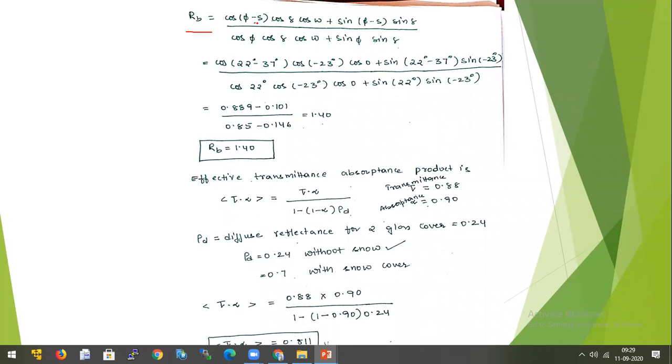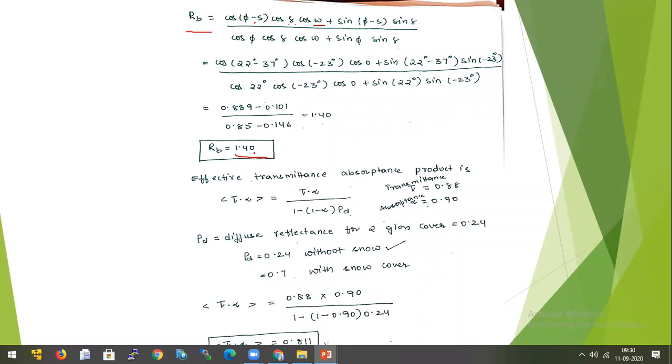So slope S is 37 and xi we got the declination angle minus 23. And omega is 0. For mean time 11:30 to 12:30, omega is 0. So if you substitute all the values here, we will get RB. RB is equal to 1.40.